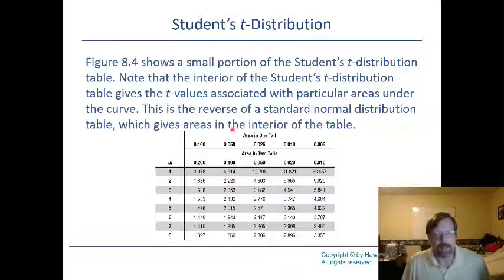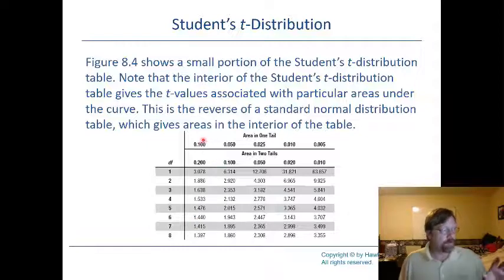We've got the area, and you'll have to note we've got area in one tail and area in two tails. We get into that in a bit. So if we've got an area of 0.1 in one tail and 6 degrees of freedom, then the critical t value is 1.44.